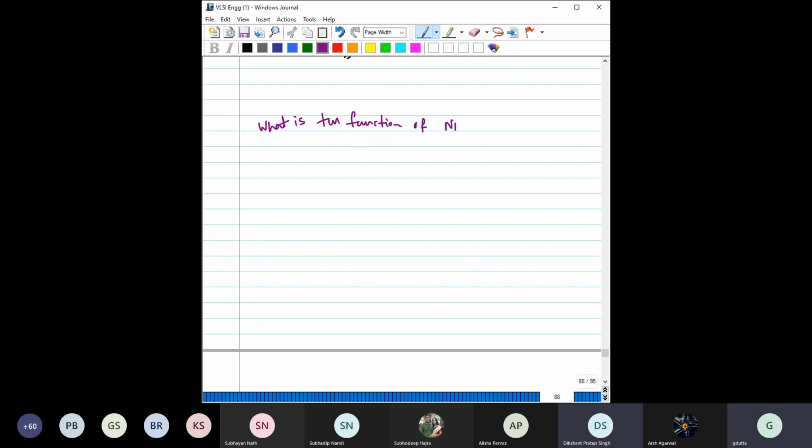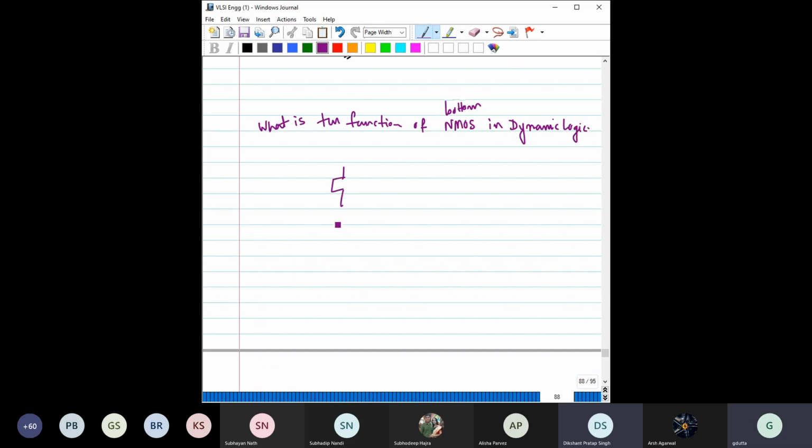The function of the bottom NMOS. Let us write it here. In the pre-charge state, it should not... Right, right. You are right.